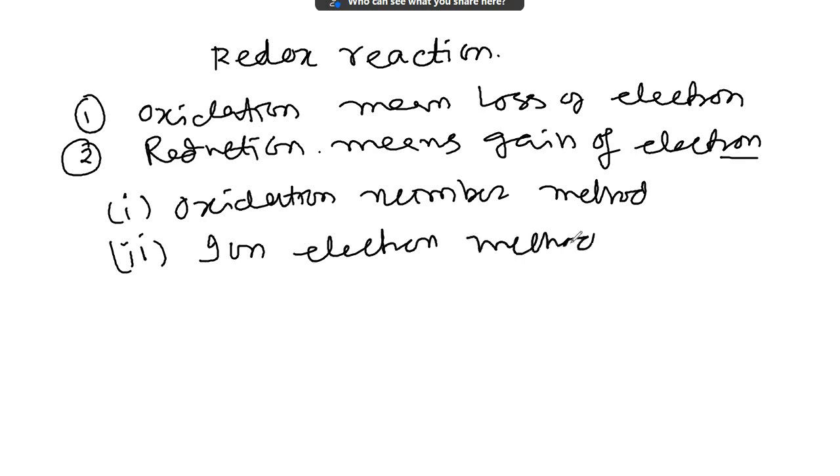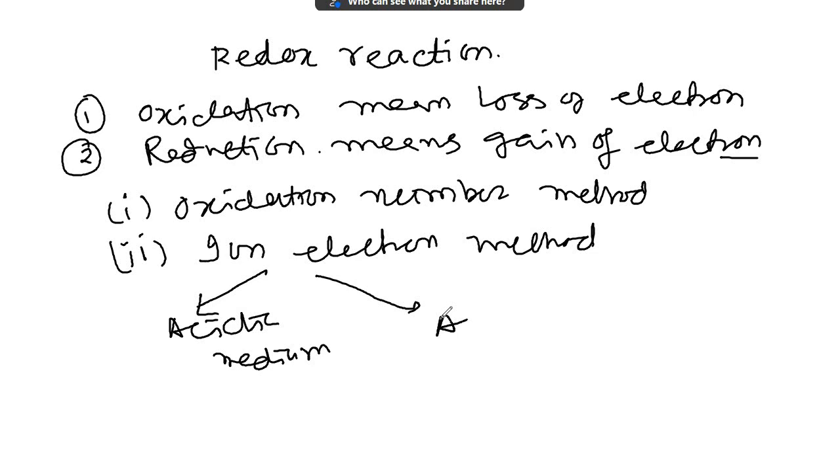In this class, I will balance some ionic equations by the ion electron method. In the ion electron method, there are two ways: one is acidic medium, and one is alkaline medium.